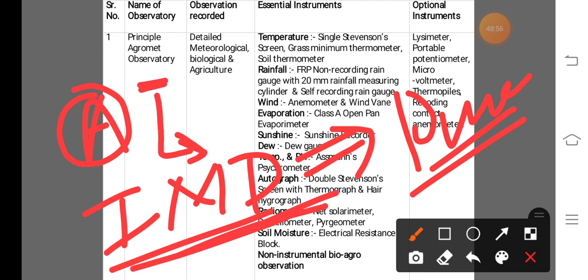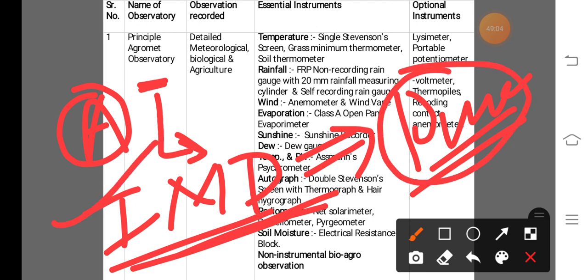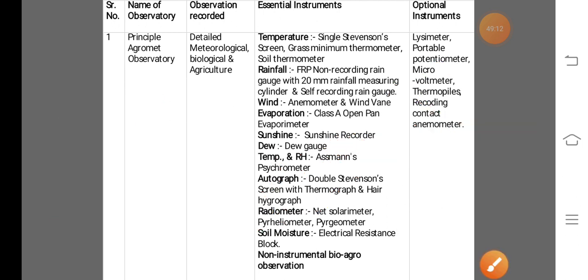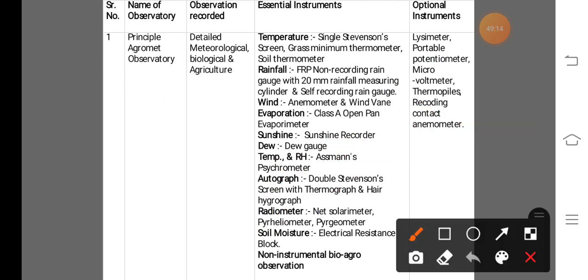The A type observatory or principal agromet observatory is located at Pune, and it is established by the IMD in Agriculture College, Pune, Shivajinagar, Pune. In this observatory, meteorological, biological and agricultural observations are recorded. That means in case of meteorological, all meteorological or weather elements.